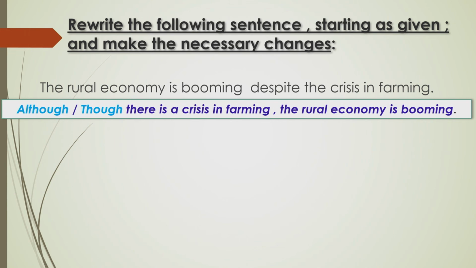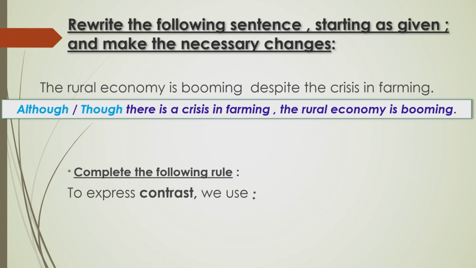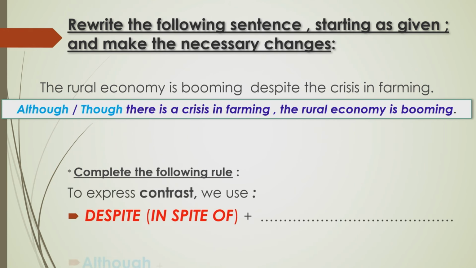So I read it. Although there is a crisis in farming, or though there is a crisis in farming, the rural economy is booming. So this may raise questions, and we'll try to deal with these grammatical points together by completing this rule.